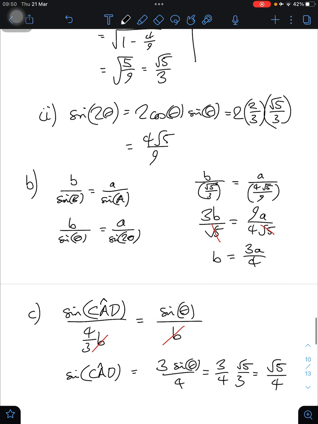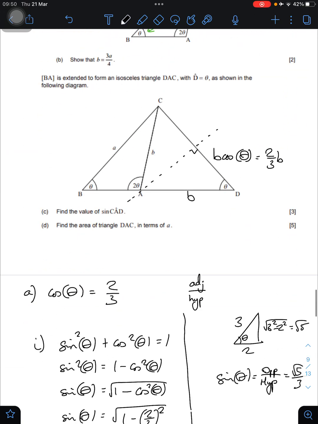Was it square root 5 over 3? I feel like I've made a mistake here again. Okay, let me just quickly double check. 2 over 3 times b cos theta, isosceles triangle DAC, with the angle at D being theta.